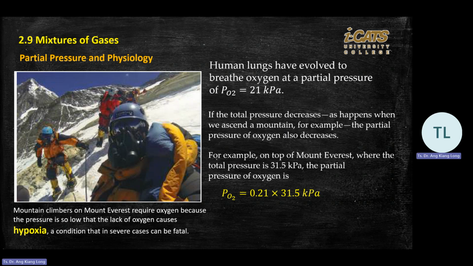Okay. So at the top of Everest, the total pressure changed from 101 kilopascal to 31.5 kilopascal. So for the oxygen, you do the calculation to find the partial pressure: PO2 equals 21%, the fraction, multiplied by total pressure, you get 6.615 kilopascal.